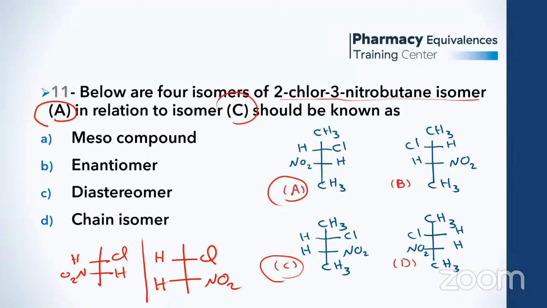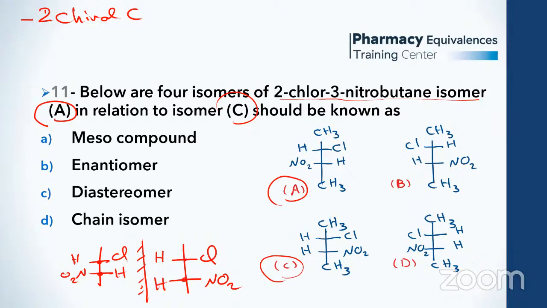Let us see the 4 characters. Number of chiral carbons. We have 2 chiral carbons, this one and this one.